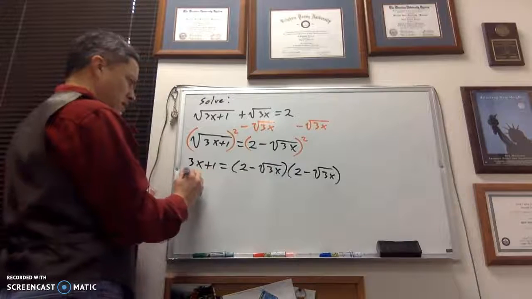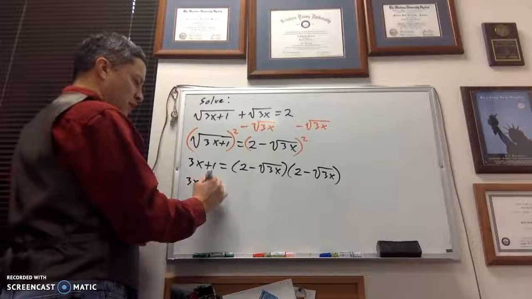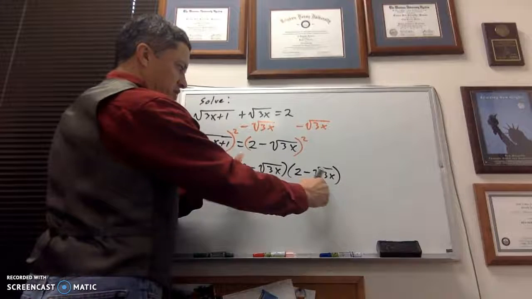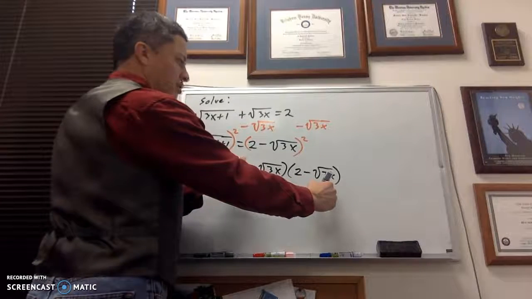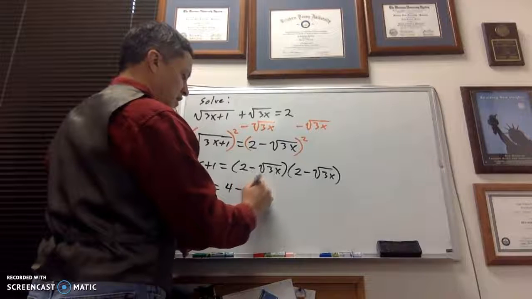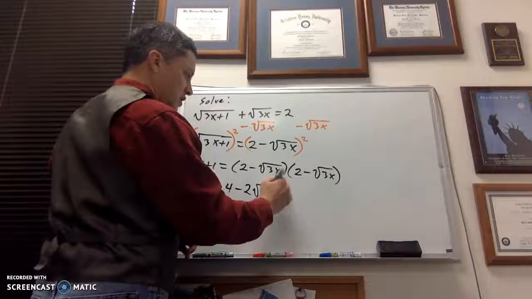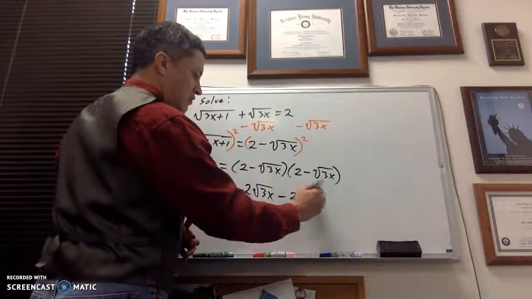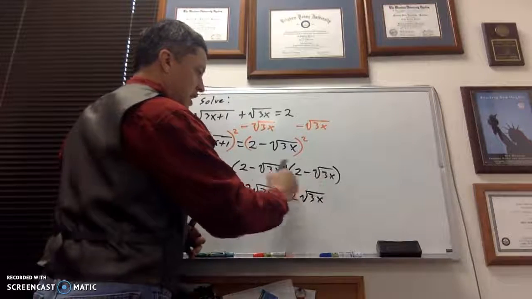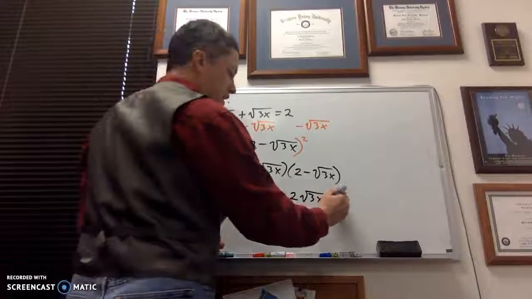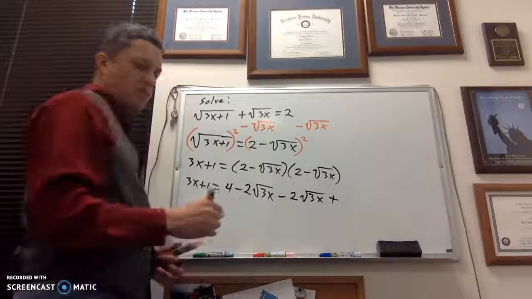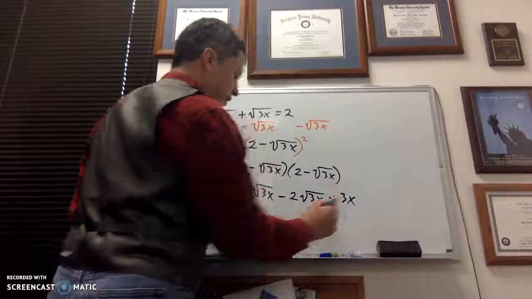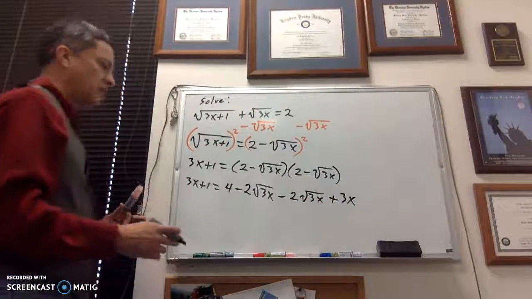So we got 3x plus 1 on the left. 2 times 2 is 4. 2 times a negative root 3x is a negative 2 root 3x. Inners, same thing, negative 2 root 3x. And then the last, a negative times a negative is a positive. The square root of 3x times the square root of 3x is just going to be 3x. Okay, so I multiplied it all out.